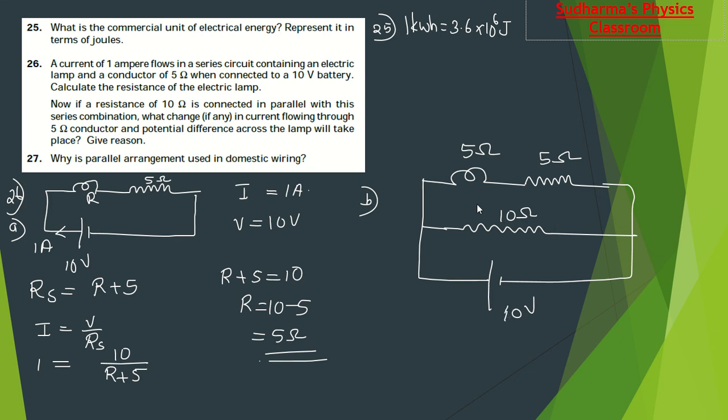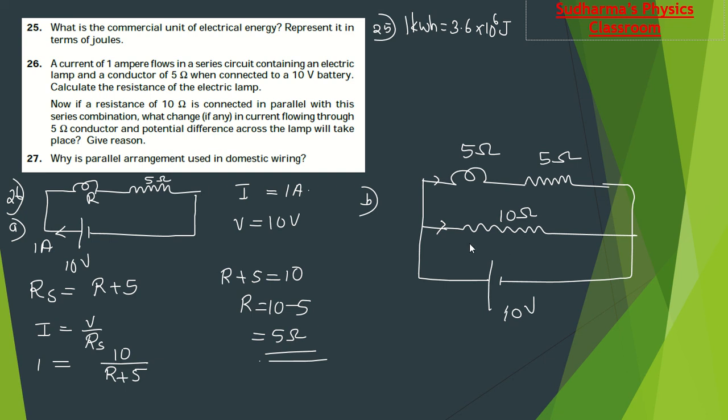Potential difference will be the same through both the combinations here because it is a parallel combination. What happens to the current? They are equal resistors, even though one is a combination of two 5 ohms, together it makes 10 ohm. So the same current will be flowing through the 10 ohm and the same current will be flowing through this 5 and 5 ohm also.